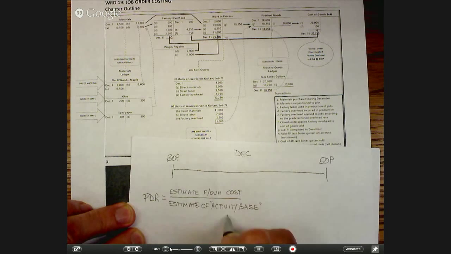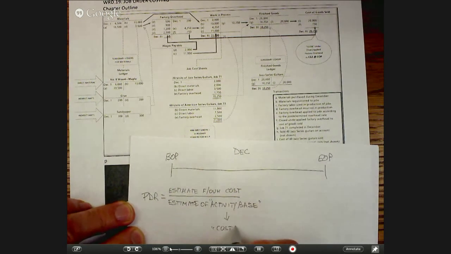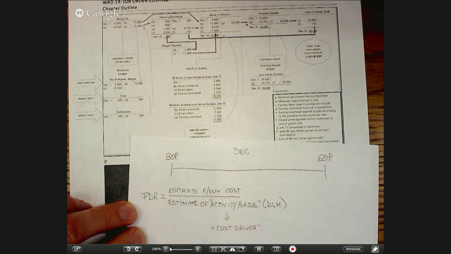This activity base, or sometimes known as a cost driver, represents the activity in the shop floor that would drive overhead costs up or down. For our course, direct labor hours will consistently be used as the activity on the shop floor that would cause an increase or decrease in factory overhead.